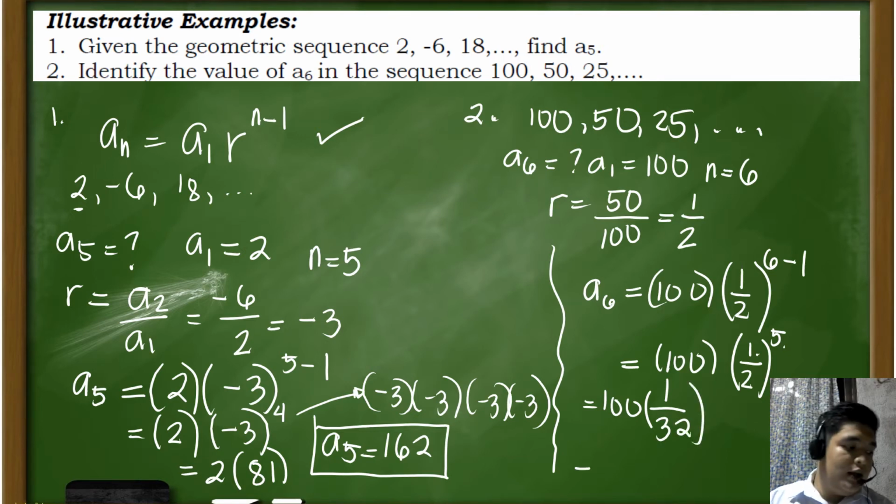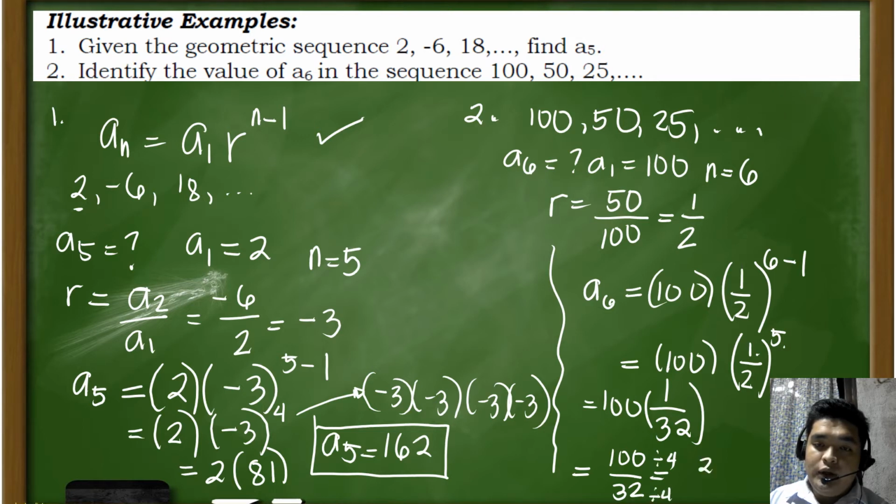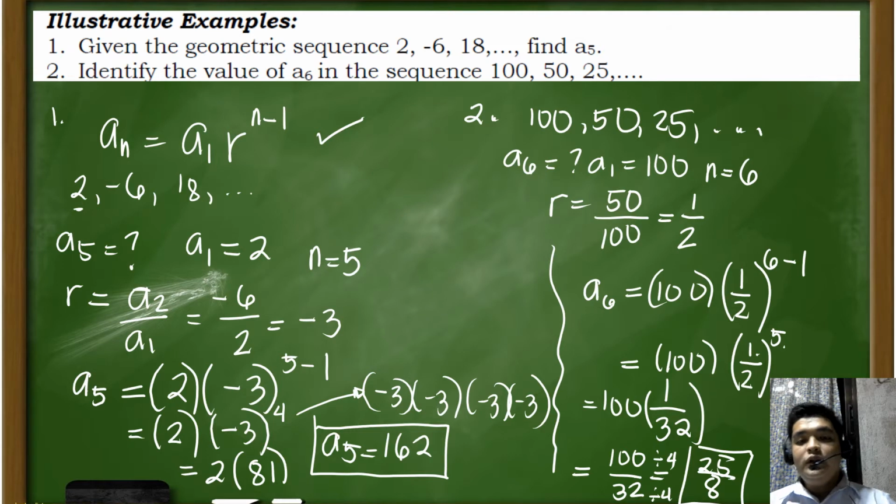So this is 100 times 1 over 32, or 100 over 32. Reduce by dividing by 4, that is 25 over 8. Therefore, our sixth term of the sequence is 25 over 8.